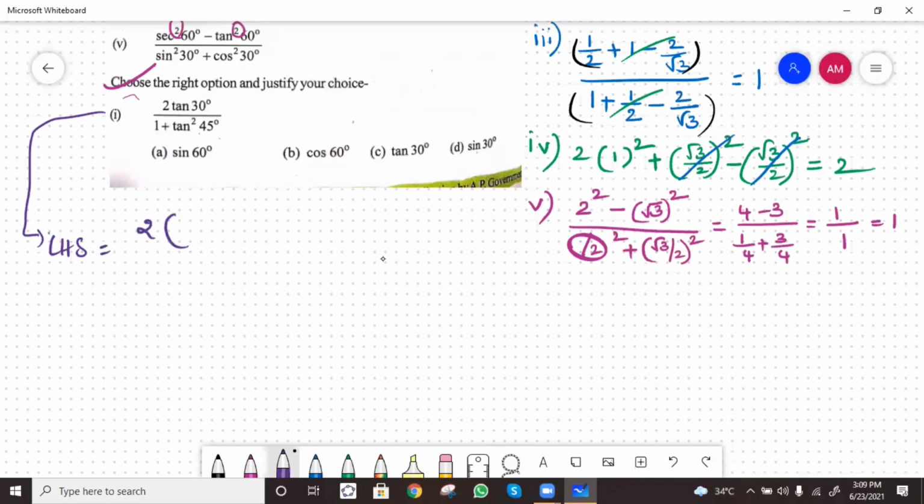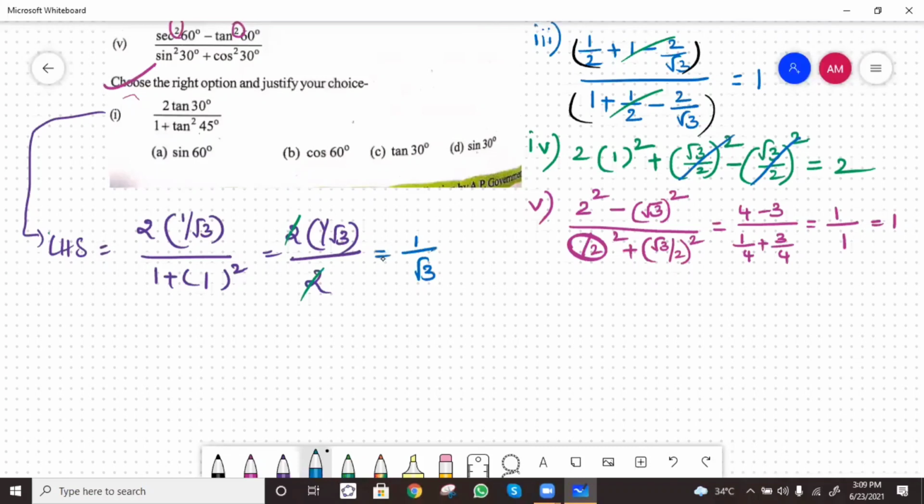What is that? 1 by root 3, divided by 1 plus, what is tan 45? 1, 1 square. So 2 into 1 by root 3 divided by, what is 1 square? 1. What is 1 plus 1? 2. The 2 gets cancelled. So that is equal to how much? 1 by root 3.